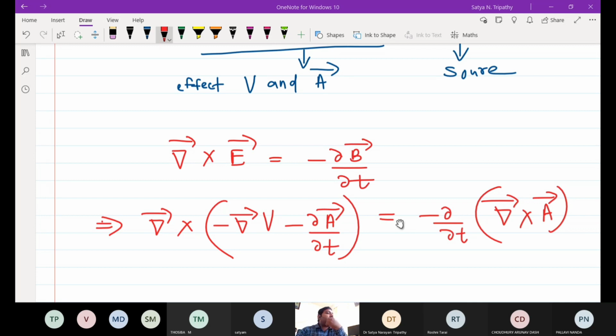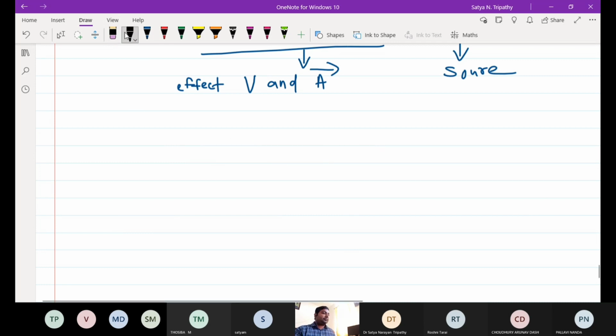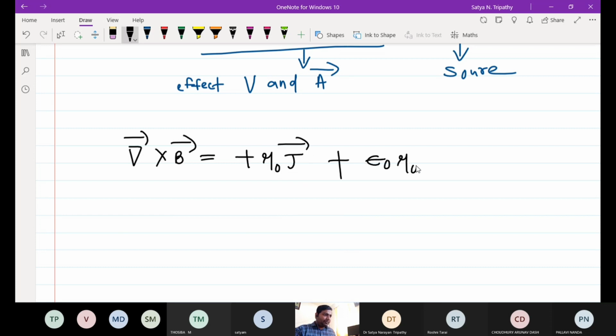Del cross B. Sorry, not this one. Del cross B is equal to plus mu 0 J plus epsilon 0 mu 0 dE by dt.